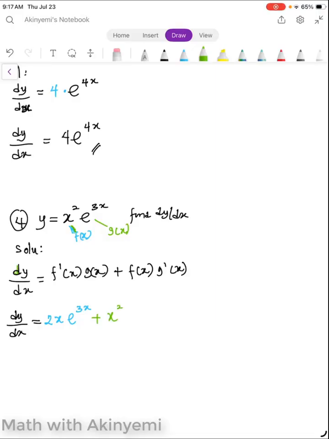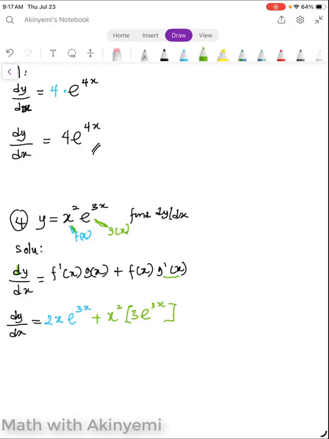x squared, and then the derivative of the g of x, which we are differentiating. We'll differentiate 3x first. If you differentiate 3x, you have 3, multiplied by the original function e^3x.